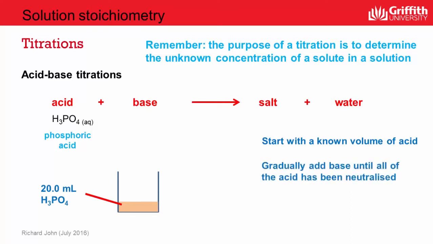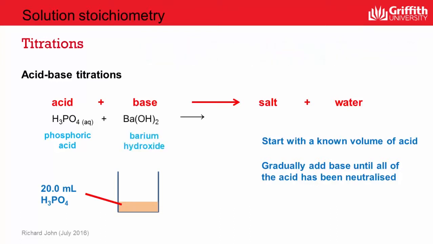We then gradually add a base until all of the acid has been neutralized. We know that bases neutralize acids, and we know that acids and bases react in a specific and known way. So let's just say, for argument's sake, that the base we used was barium hydroxide solution.